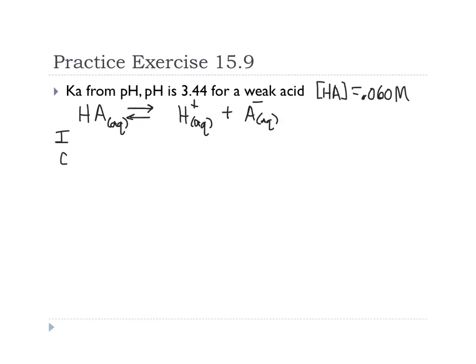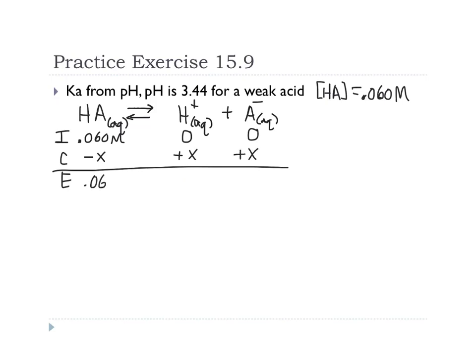So if we did an ICE table, we are given that the original concentration of acid that was prepared was 0.060 molar. And we're again going to make that assumption that if we're adding an acid, the amount of hydronium that's initially there from the autoionization of water is negligible. Now, this is interesting. We could do minus x, plus x, plus x, like we got used to doing in the equilibrium chapter.